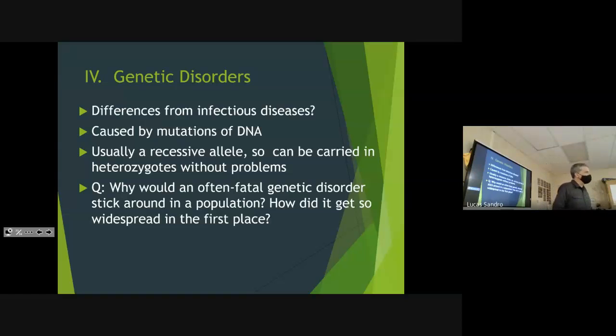In fact, it was one of the ones that only shows up in Africans and African Americans that started us on the path to understanding. Question so far? So the question we're asking is, how did something that's genetic and fatal and often kills before reproduction ever get to any kind of level in a population when it should be weeding itself out?